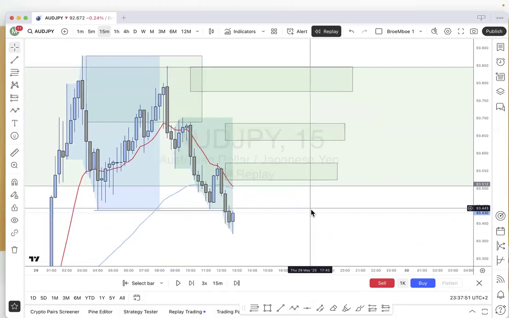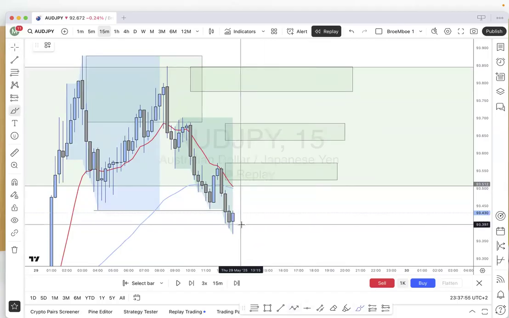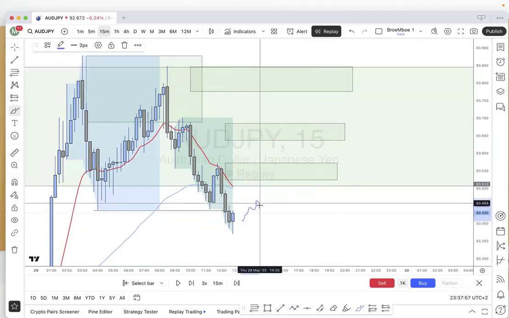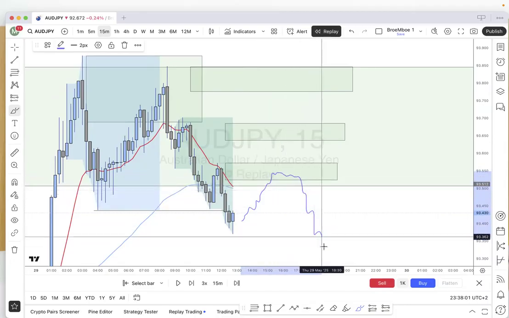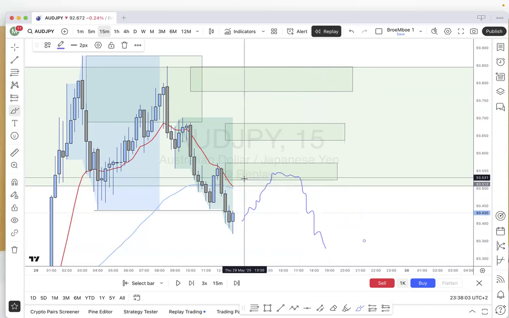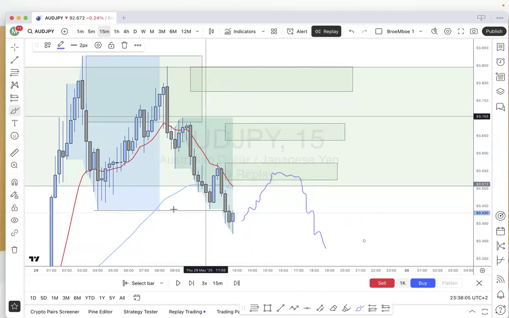In this case, what we would expect is for price to go back there and then go down. Unfortunately, that did not happen. Price did not go there.